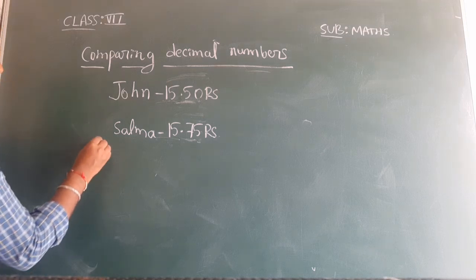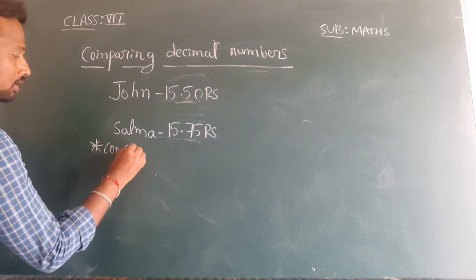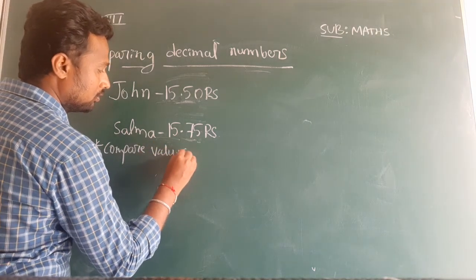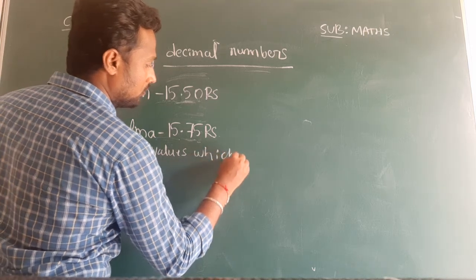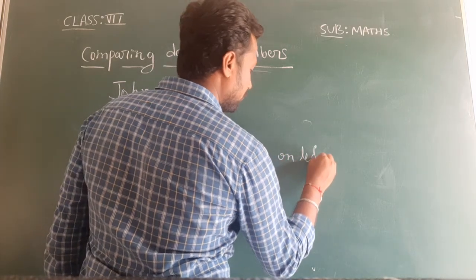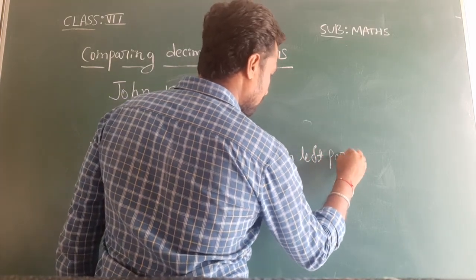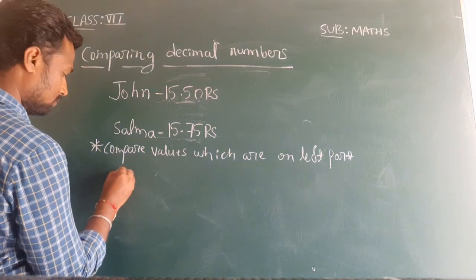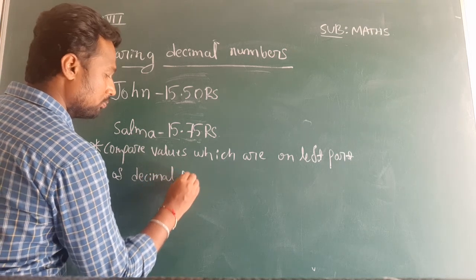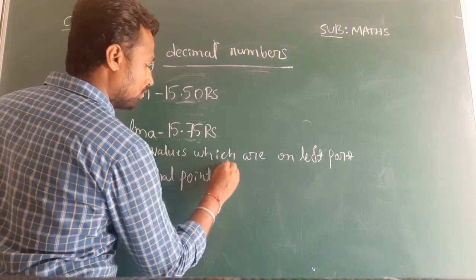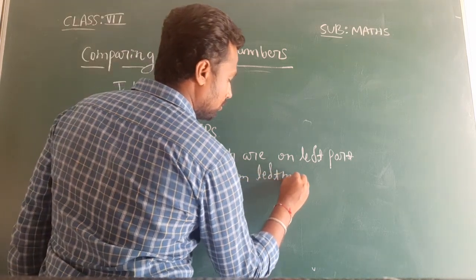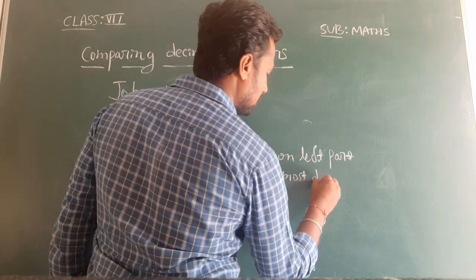I will write here: compare values which are on the left part of the decimal point, from the leftmost digit.